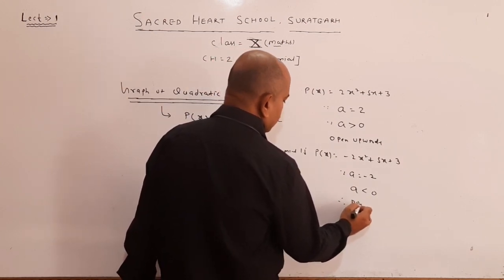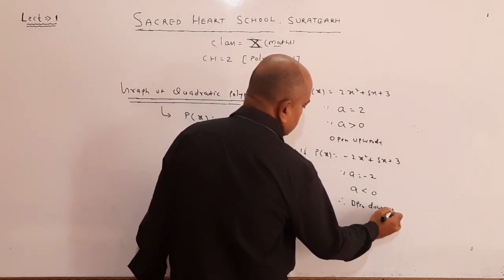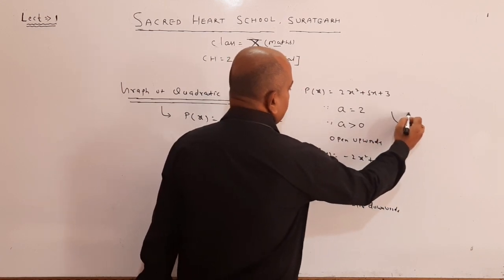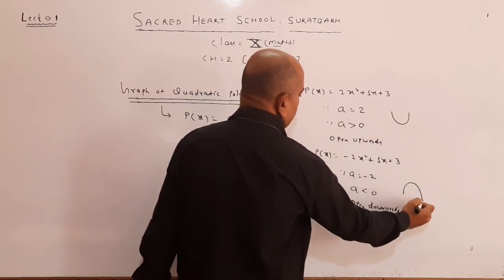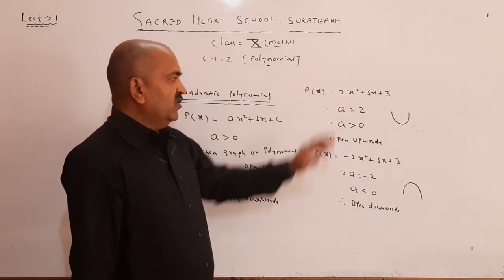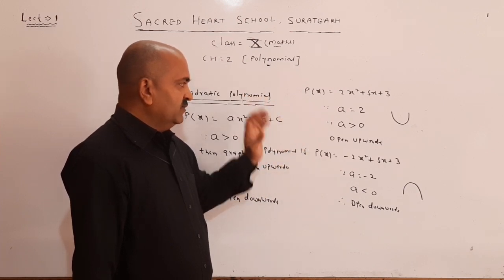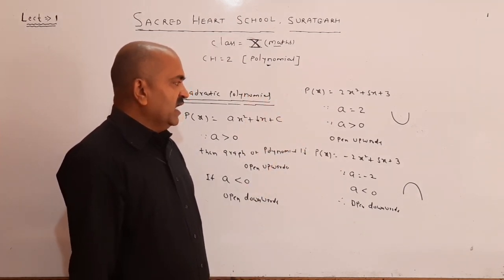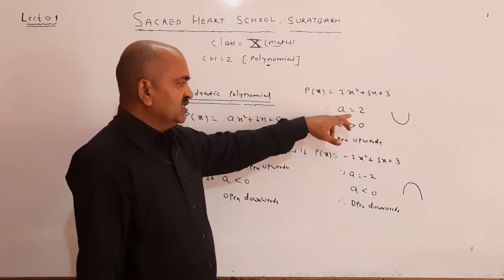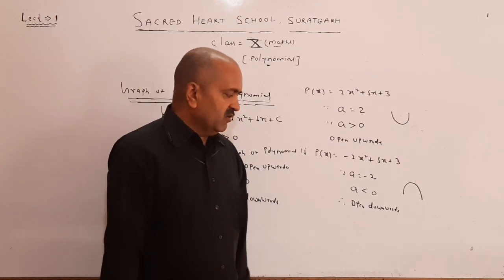It means open downward. So this graph is open upward and this graph is open downward. If a quadratic polynomial is given and we find the type of graph, then if the coefficient of x squared is positive, it is open upward, and if the coefficient of x squared is negative, it is open downward.